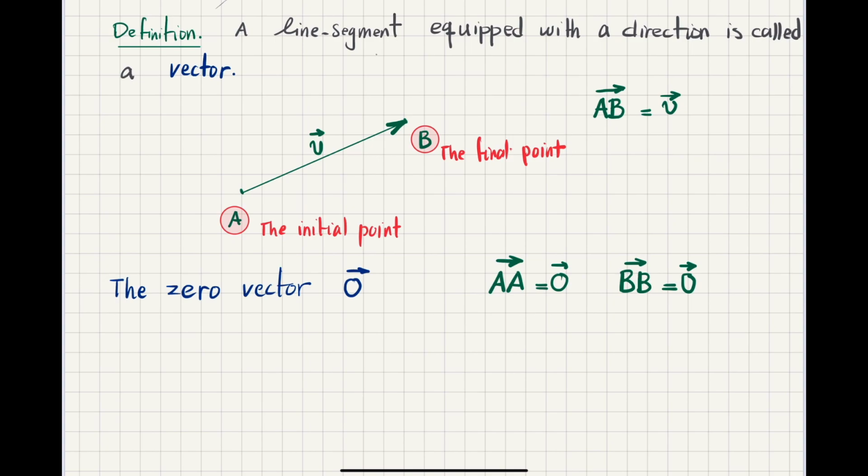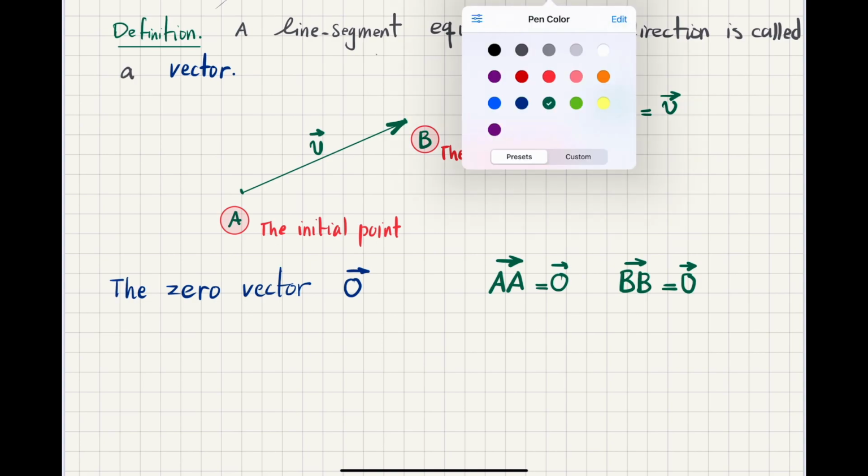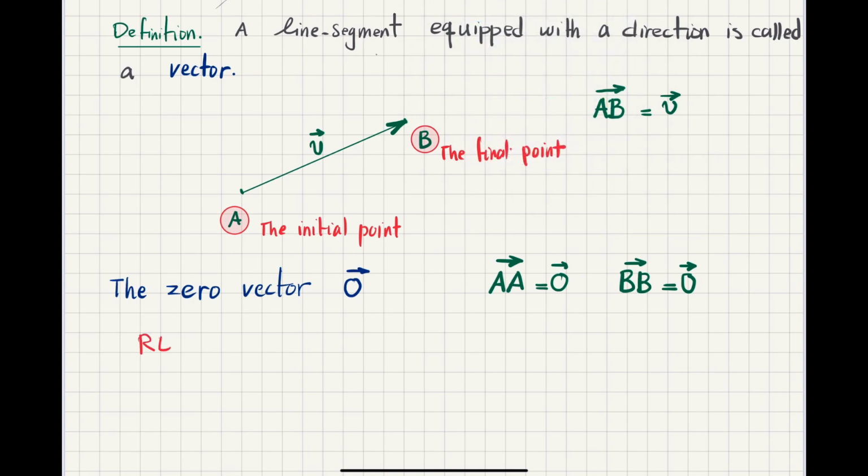So I would say that, let me write this as a remark. So if someone asks you what is the definition of the zero vector, you would say every vector whose initial and final points are the same is called the zero vector.